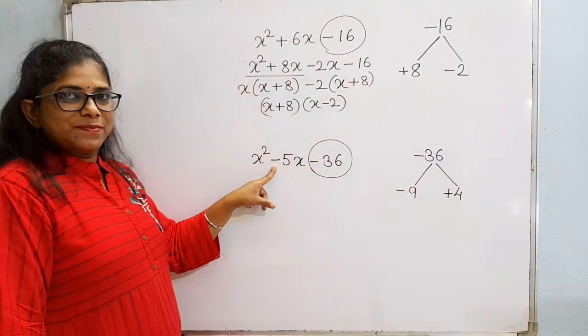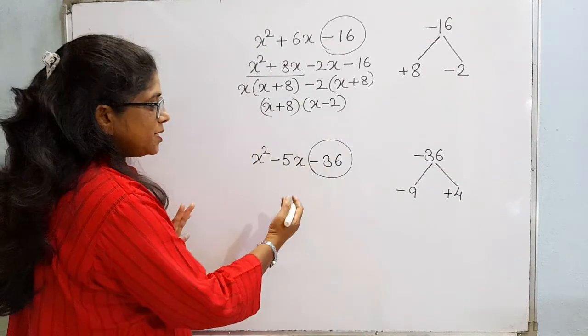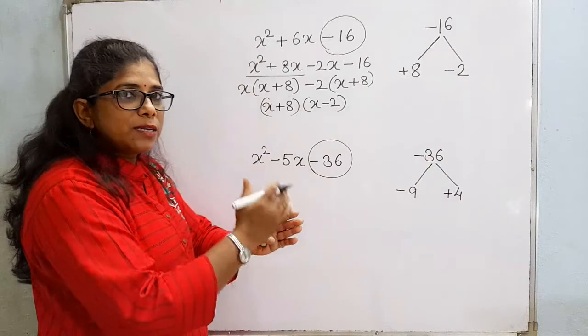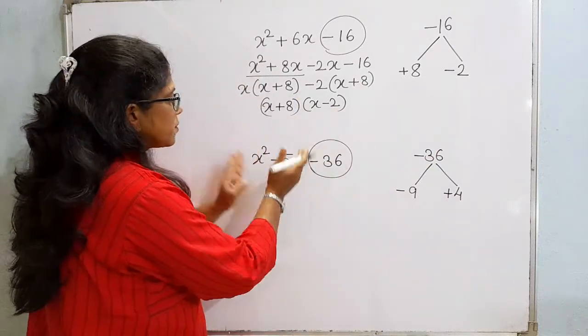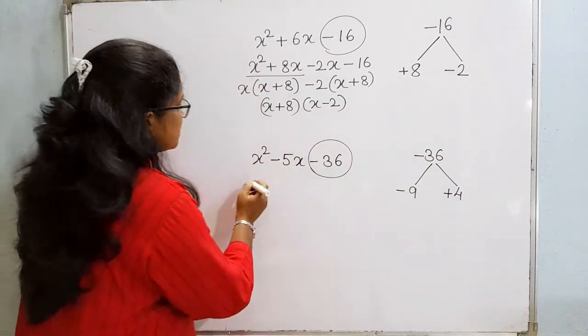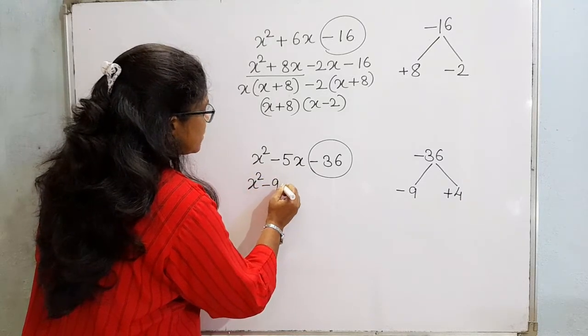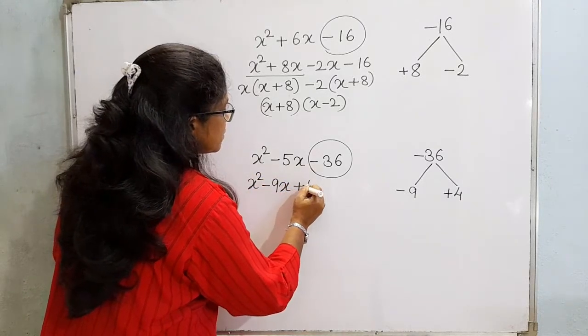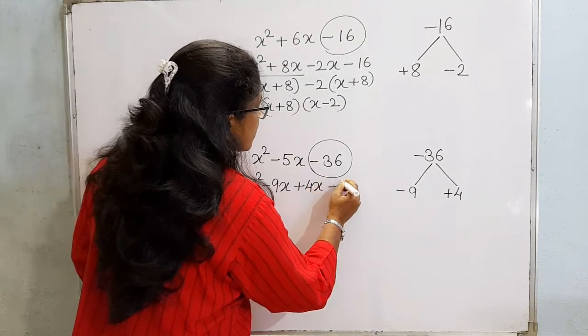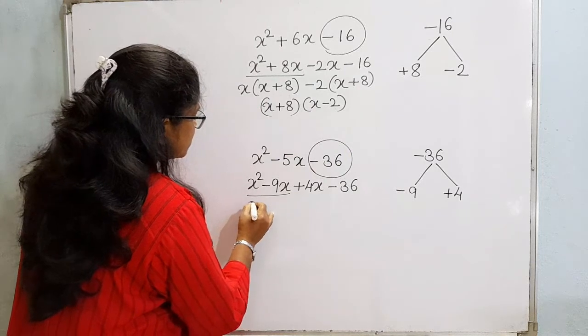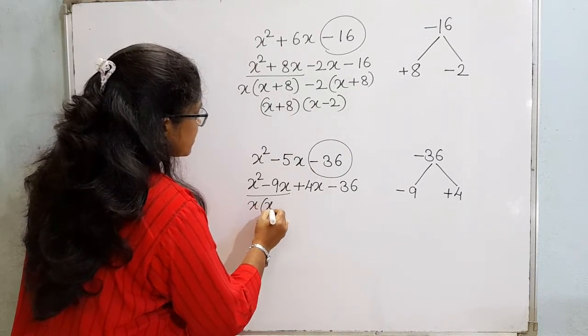Plus. So minus 9 into plus 4 gives us minus 36. Minus 9 plus 4 will give us minus 5. So let us solve this sum now. X square minus 9x plus 4x minus 36. From this term, x is common.